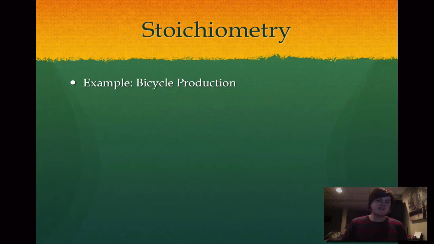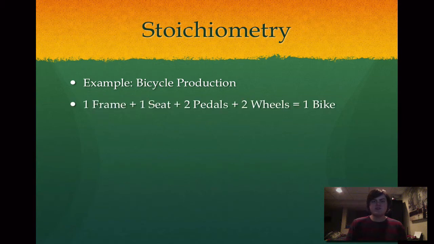We are going to use the analogy of bicycle production to take a look at this and hopefully provide a little bit more clarity. I've written the balanced equation for the production of a bike, and I've simplified it a little bit, but I've said that if you take one frame, one seat, two pedals, and two wheels, put them together, it will create one bicycle.